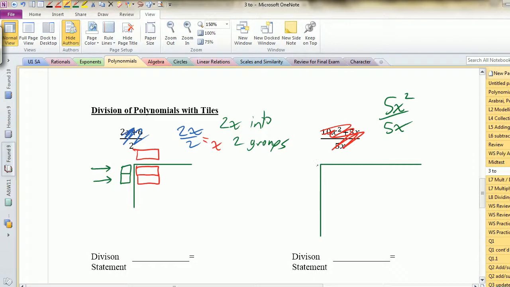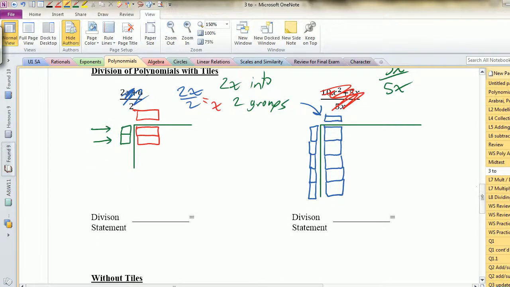So let's write the 5x here. It's 1, 2, 3, 4, 5. So how are you going to arrange those squares? There's 5x squareds, and so your answer will be at the top.